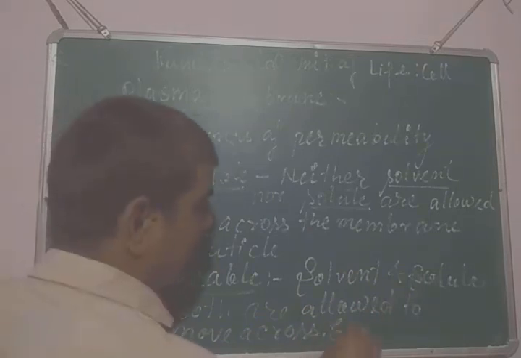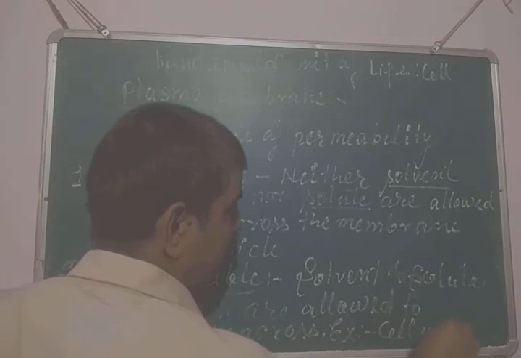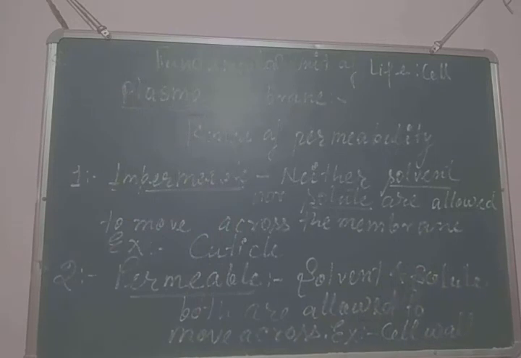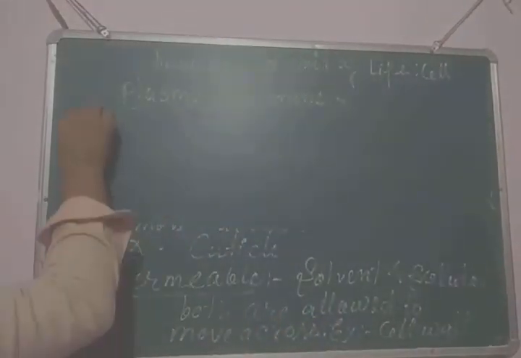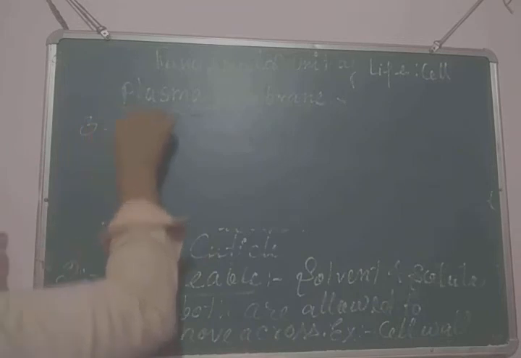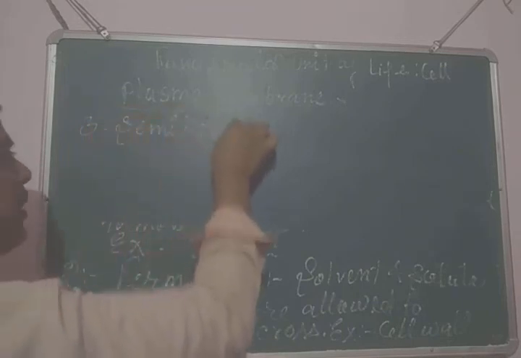You can take the example of the cell wall, found in plants as the outermost layer of the plant cell. Another kind of permeability is semi-permeable.